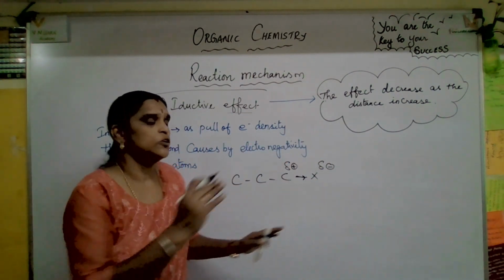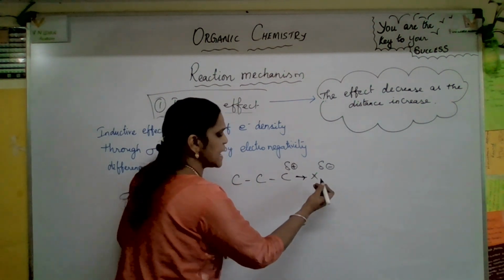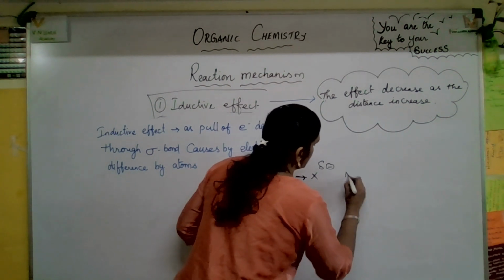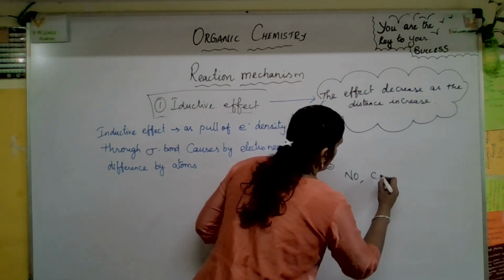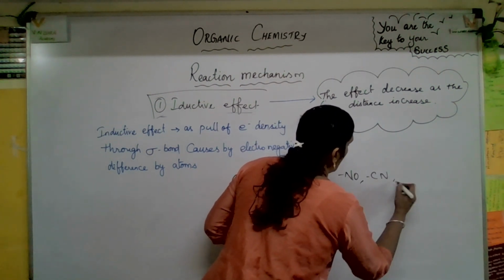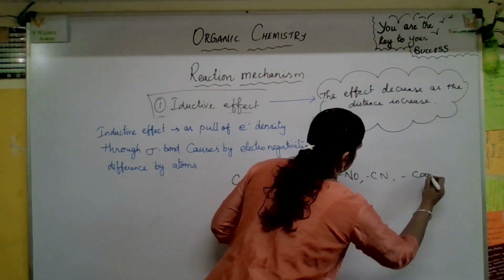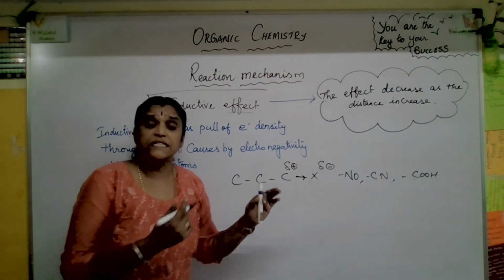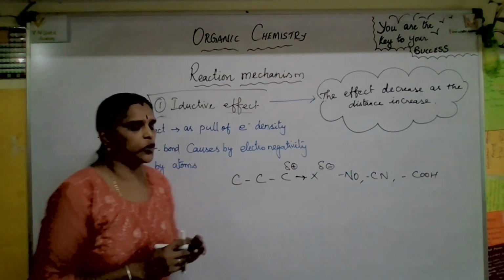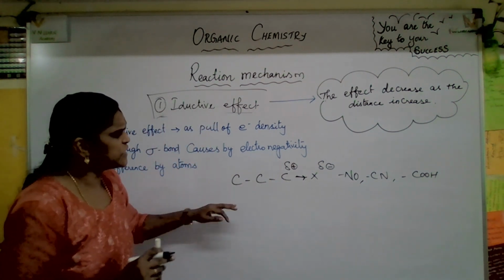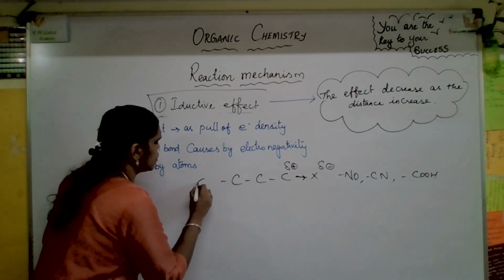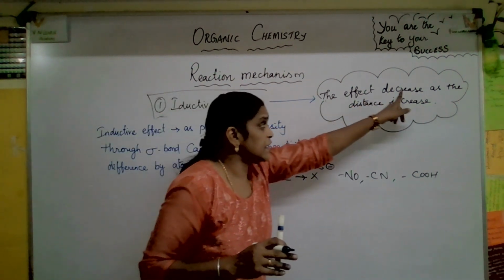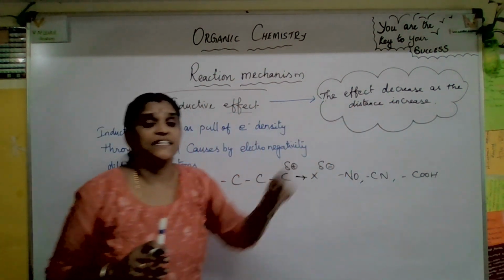Here the atom is a halogen attached at the end of the carbon chain, whereas a group means a nitro group, cyano group or carboxylic acid. These are electron withdrawing atoms or groups. Naturally, as the number of carbons increases, the effect decreases as the distance increases.